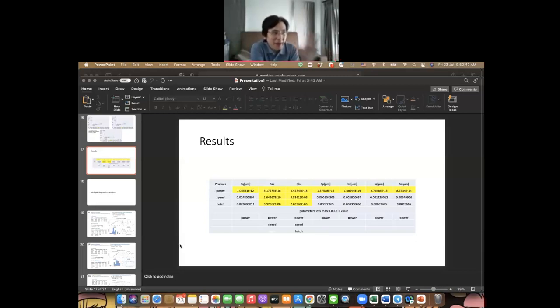Okay. So based on what we see on this table, you mean the power has the most significant effect on the result, right? We should begin with the power first. Yes. Okay.